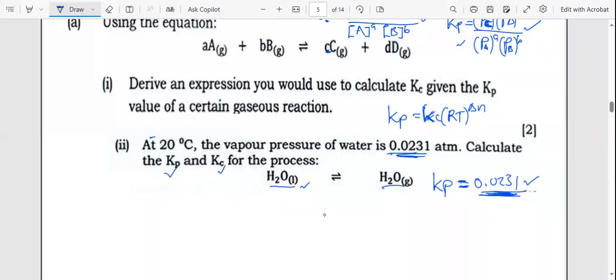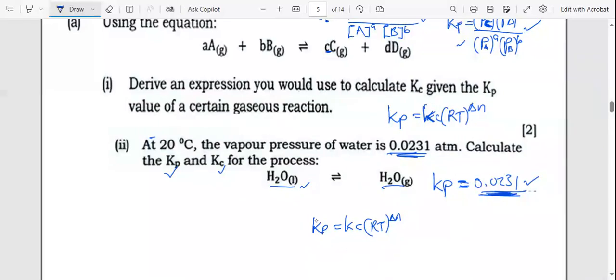Then for Kc, we use the governing equation: Kp is equal to Kc (RT) to the power of the change in the number of moles. Change in the number of moles means product minus reactant.